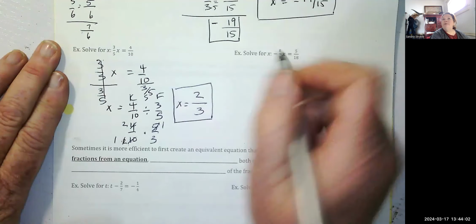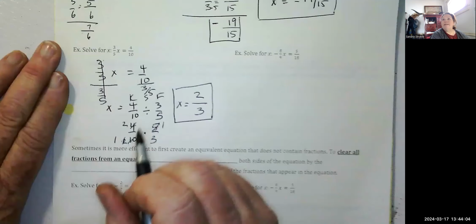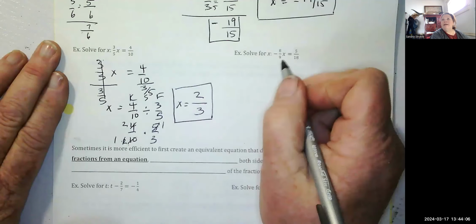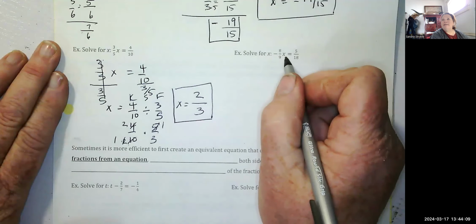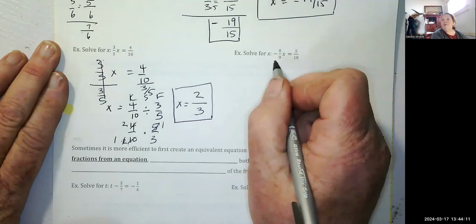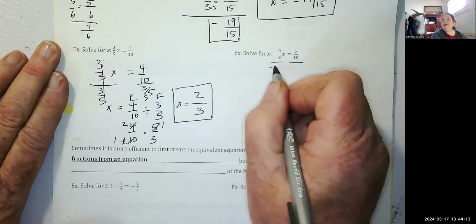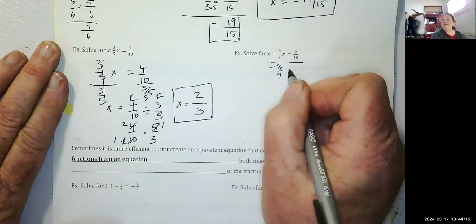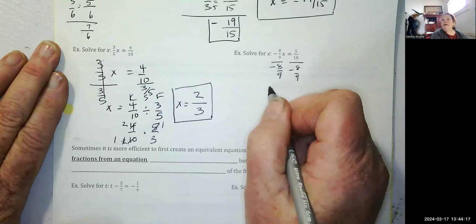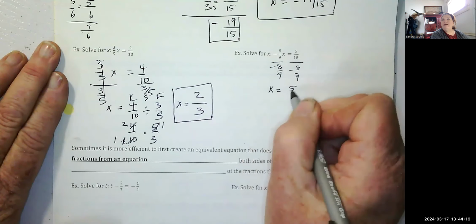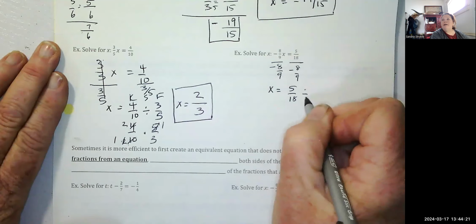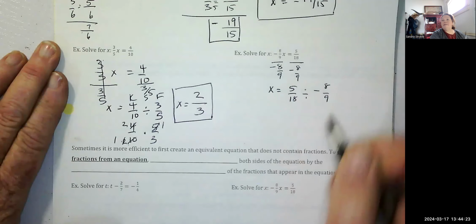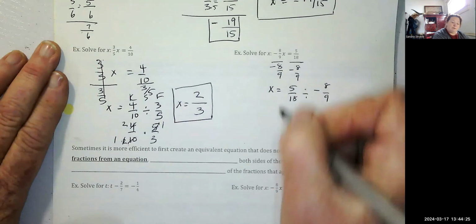Let's try the next one. In fact, pause the video and do this next one yourself. It's the same exact setup. Negative 8/9 times x is equal to 5/18. So we're going to divide both sides by negative 8/9. And x equals 5/18 divided by negative 8/9. We're going to do the keep, switch, flip.